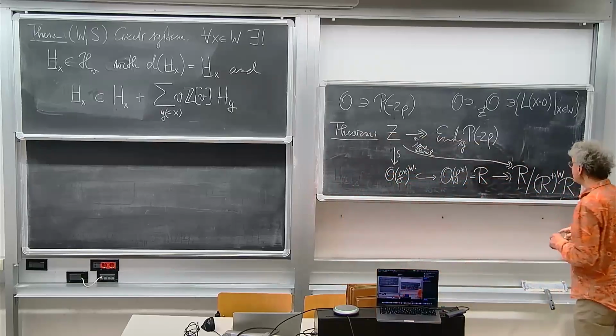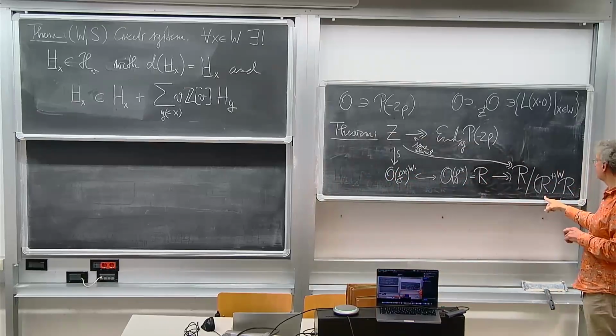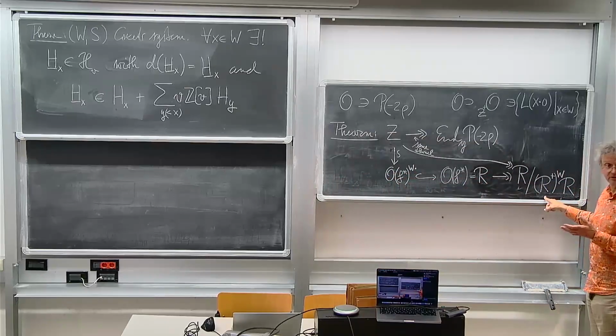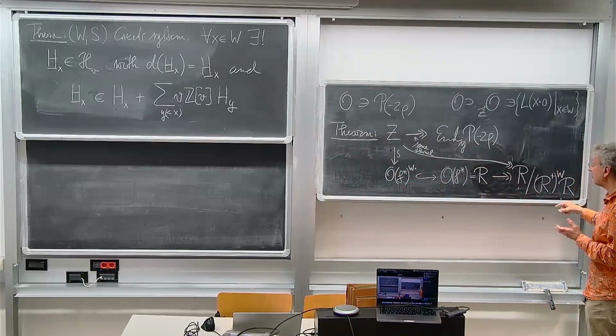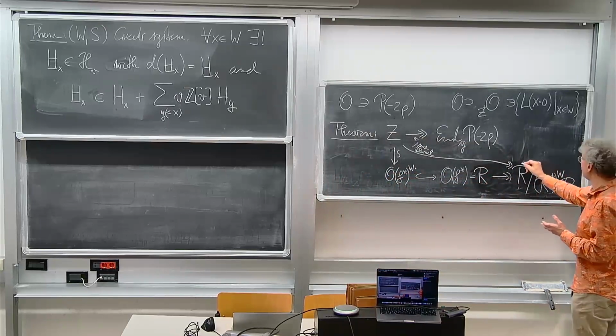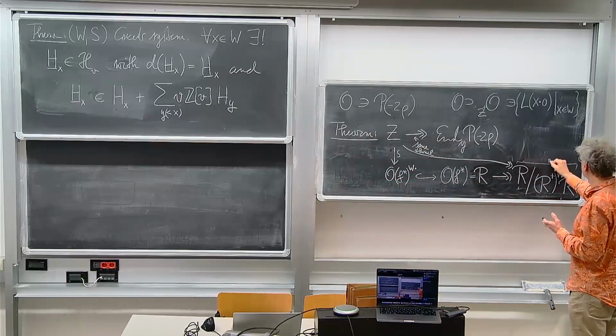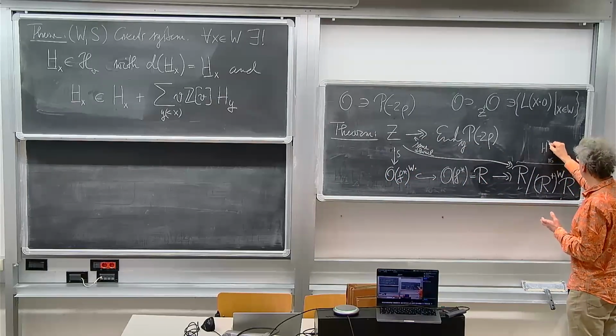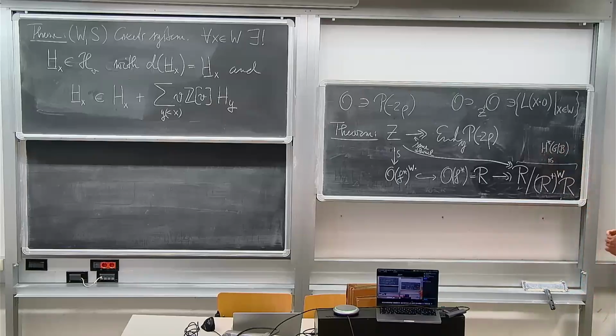This thing you might know. This is a description of the cohomology ring of the flag variety. Yeah, there's a Borel isomorphism. I should maybe repeat it, but this is the cohomology ring of the flag variety, with complex coefficients.